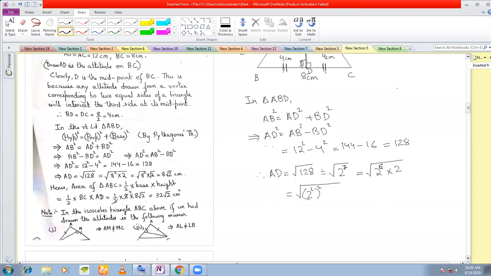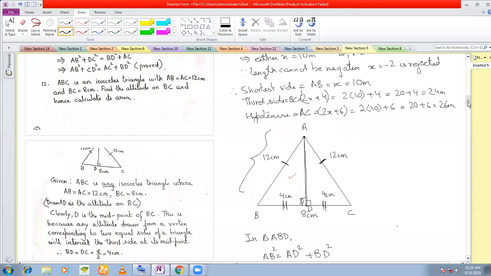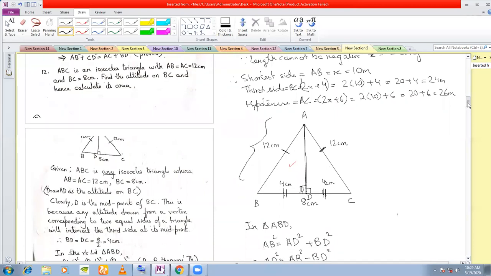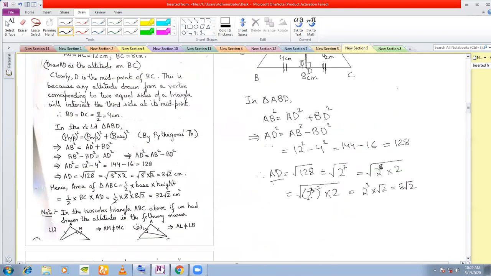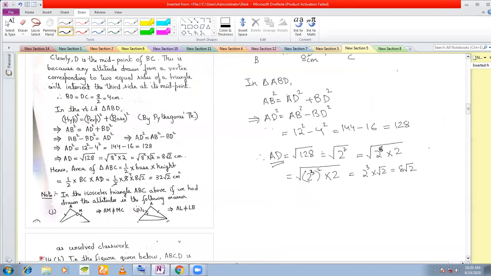So this is 2 to the power of 6 into 2, so 2 cube whole square into 2. Which is 2 cube into root 2, which is 8 root 2. So AD is 8 root 2. Your question was to find the altitude on BC, which you have managed to find: AD, which is 8 root 2 centimeters.